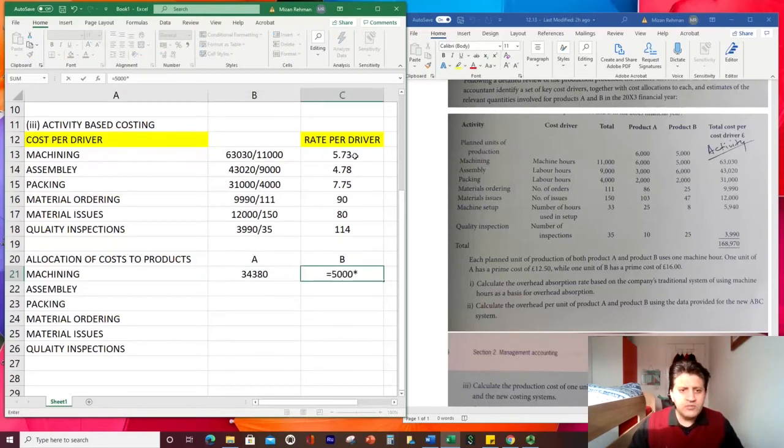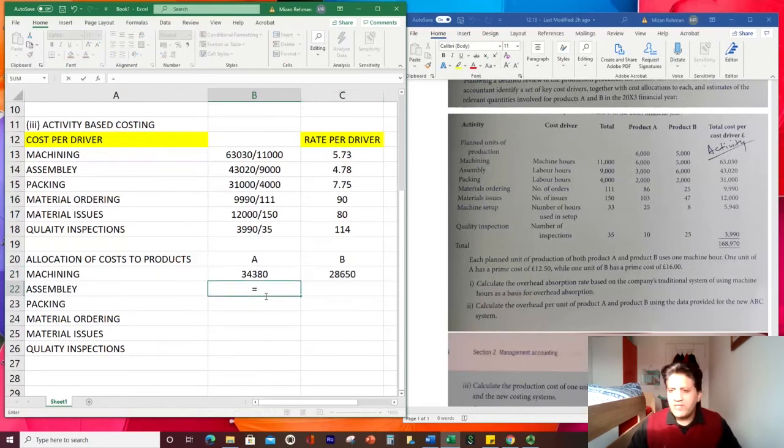The cost per machine hour is this and this. So we have allocated the total cost of machining to A and B. To double check if this is correct or not, I will total up these two values. And as you can see below, it's 63030 as our original cost for machining. So we have done this accurately.